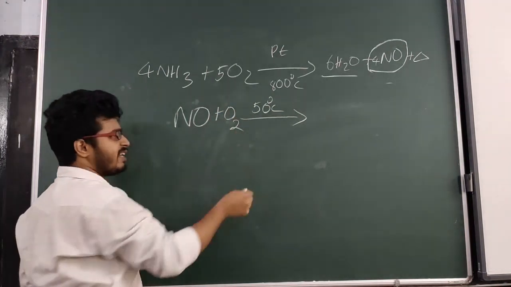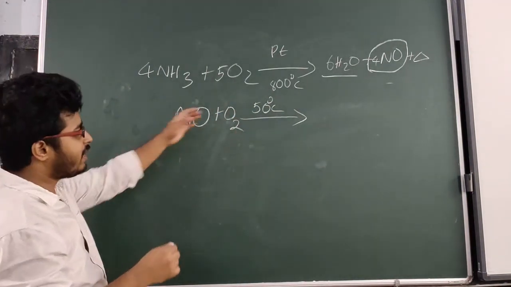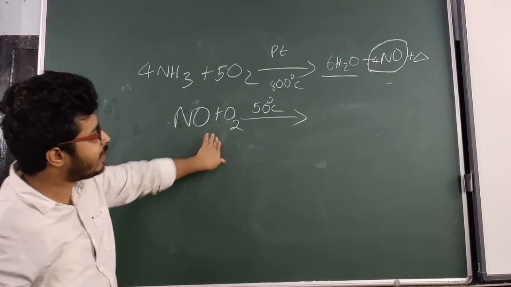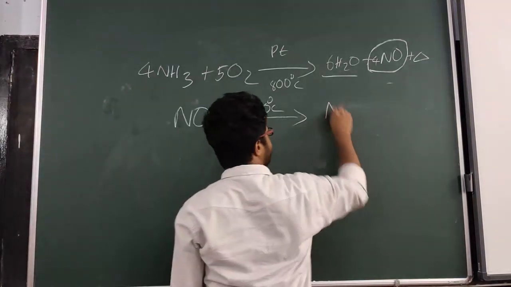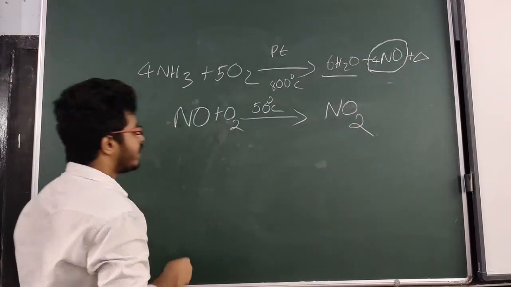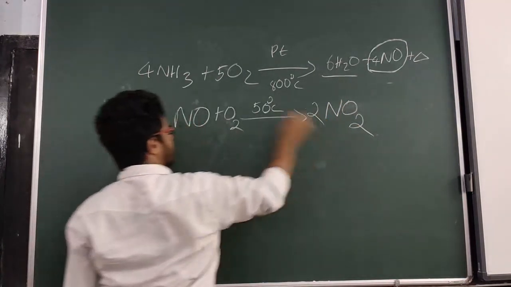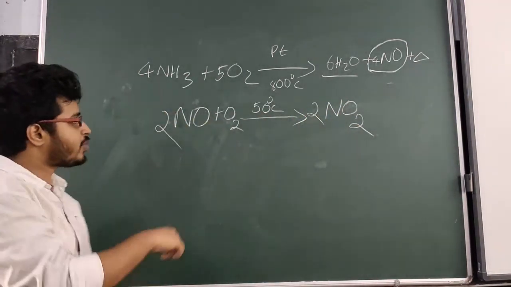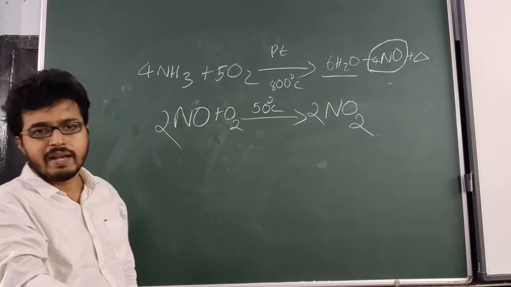It is highly unstable at lower temperature, so it will react further with oxygen to form another gas called NO2. Okay, so the reaction will be 2NO plus O2 gives 2NO2.